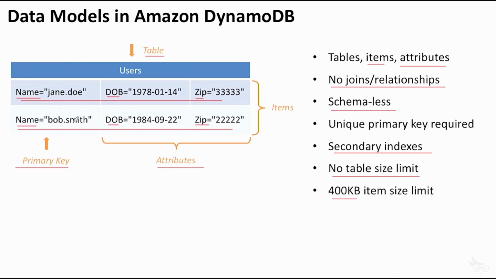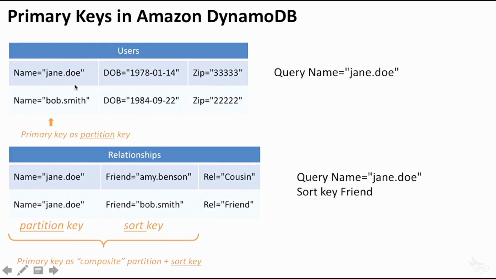So let's take a closer look at primary keys within Amazon DynamoDB. In our previous example, we used just a simple primary key, which is known as the partition key. Here we have unique values for our primary key.